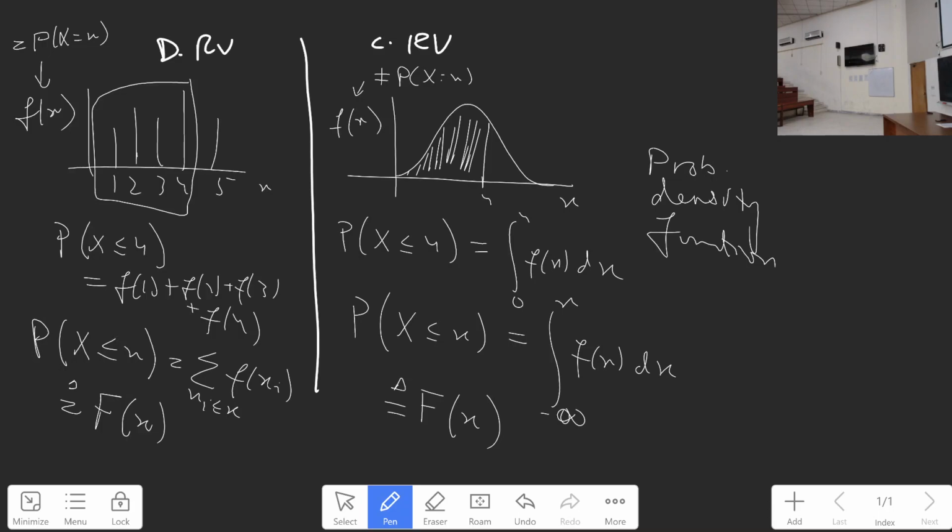The only conceptual difference is here. That's one thing. Mathematical difference is here. Summations replaced by integrals. Okay. Otherwise, the remaining concepts. What's the meaning of the cumulative? Look, the meaning of the cumulative is exactly the same. Here it was saying probability x is less or equal to x.